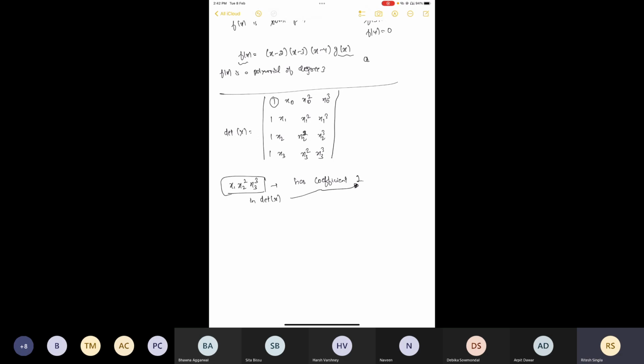Is it making sense that the coefficient of x1 x2 square x3 cube is equal to 1?